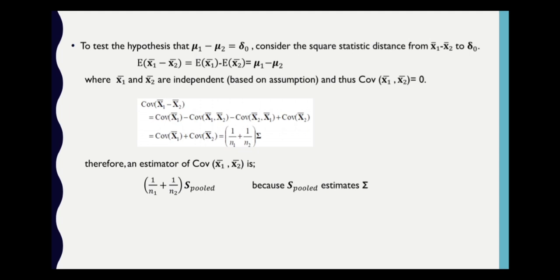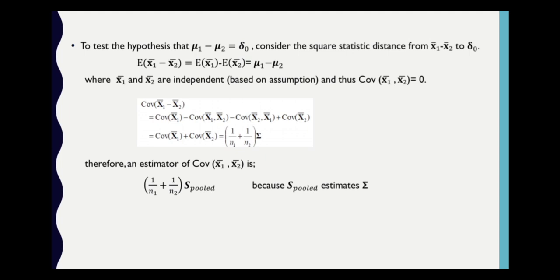Okay, so our intention is to test the hypothesis that mu1, the mean for the first population, minus the mean for the second population equals delta naught. Delta naught is the notation for the difference between the two mean vectors. But usually, if we just want to see whether the first population and the second population differ or not, we set delta naught as a zero vector.